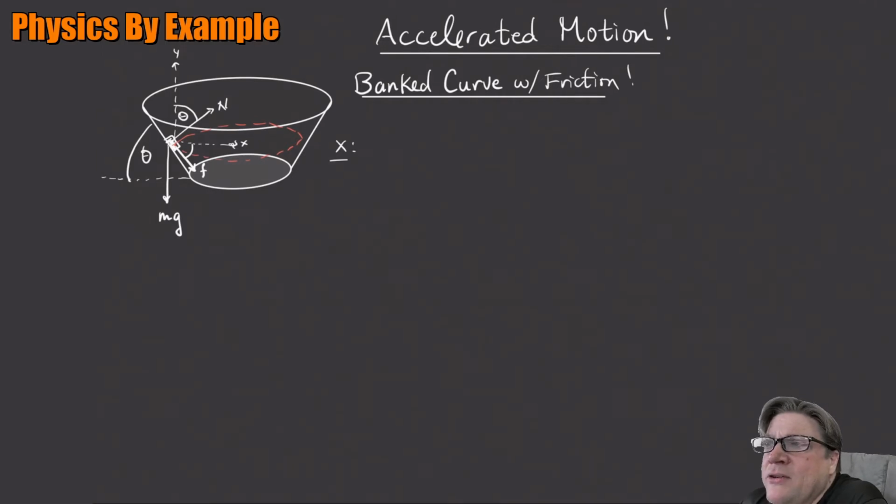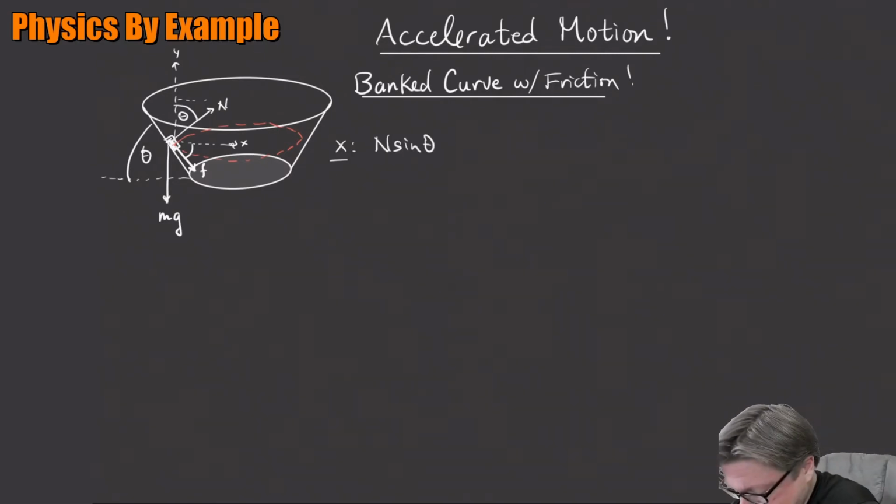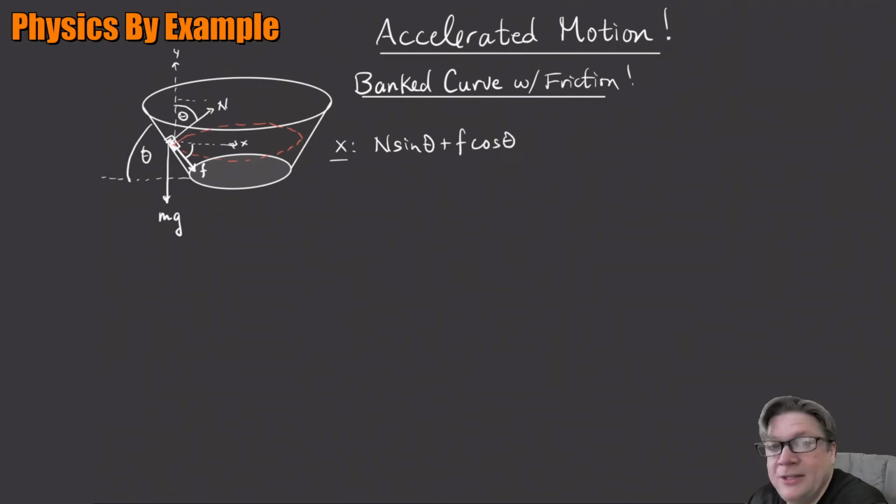Okay, so f, what do I have? I want the x-component of n, and that's opposite to the angle theta, because I want this part, so that's going to be sine. So that's n sine theta. What else is in the x direction? It looks like I got a little bit of f, so that's positive f cosine theta, because it's adjacent.